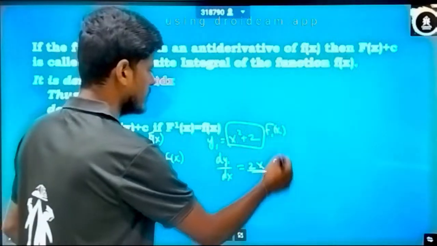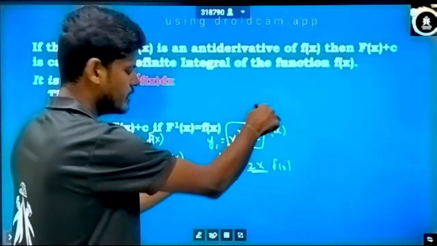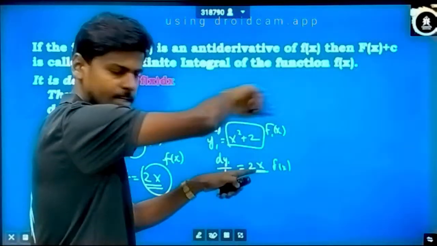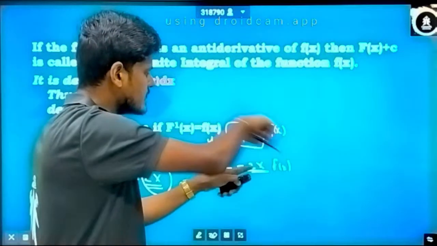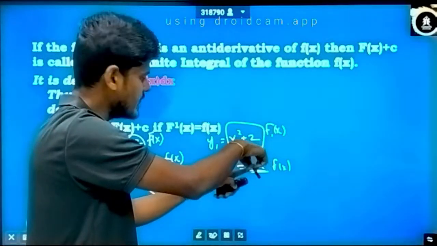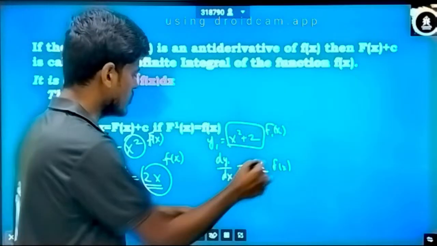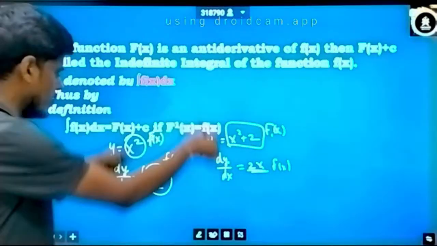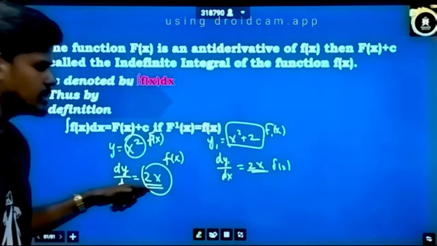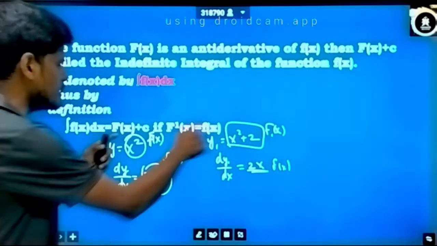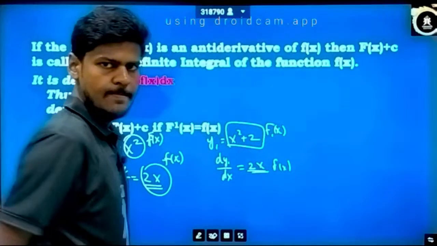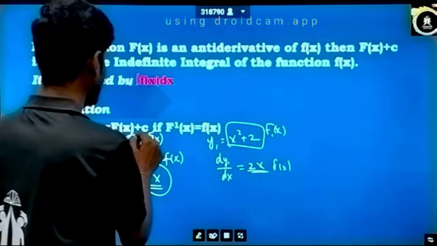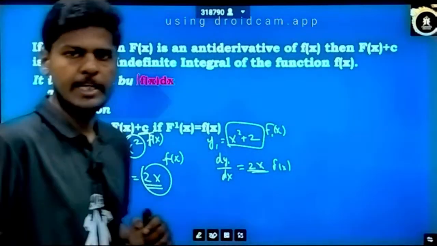So when we differentiate a function we get the derivative, and the antiderivative gives back the function from which it was obtained. Here we have x square and x square plus 2. While finding the derivative, the values are the same. So irrespective of what constant we add, the derivative remains the same. That is why we add c here. C means any arbitrary constant.